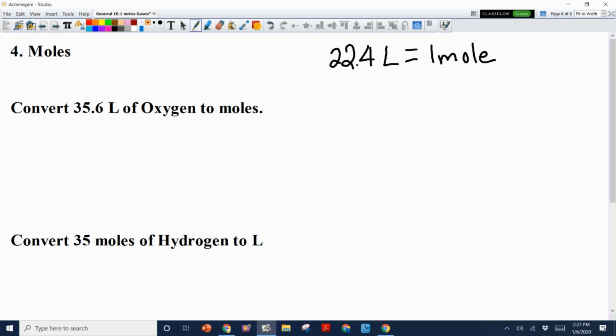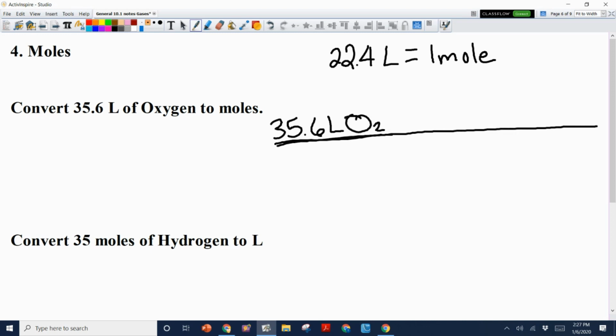Okay, so that's a conversion factor that we used a few months ago. It's on your mole map that's in your folder. So let's take 35.6 liters of oxygen. Now remember, oxygen is diatomic, so it's O2. Okay. All right, and so we have liters of oxygen, moles of oxygen.